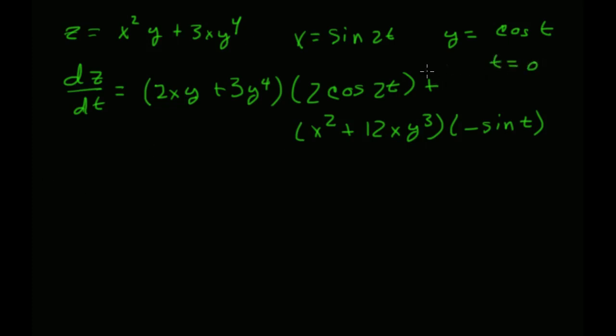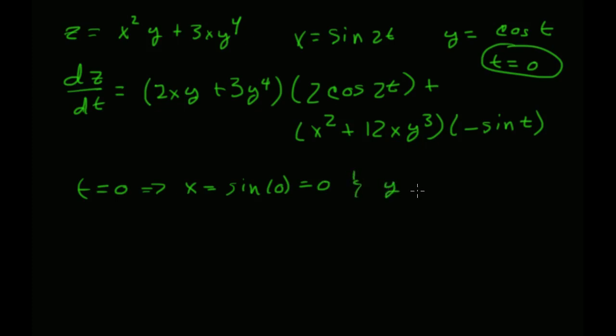So when t equals 0, x is the sine of 0, which is 0, and y is the cosine of 0, which is 1.